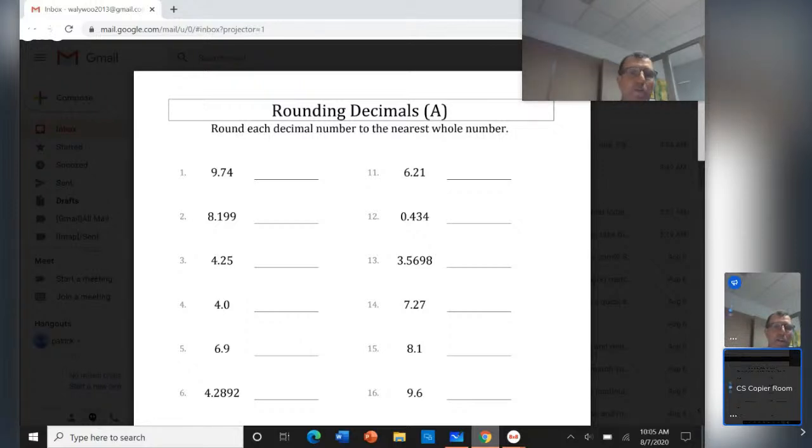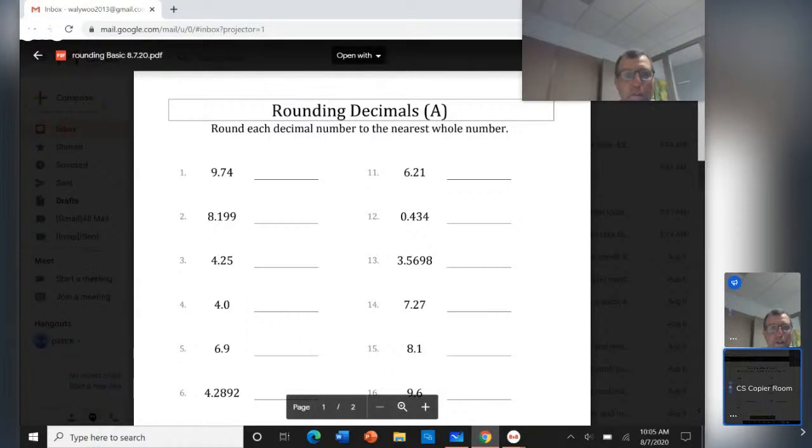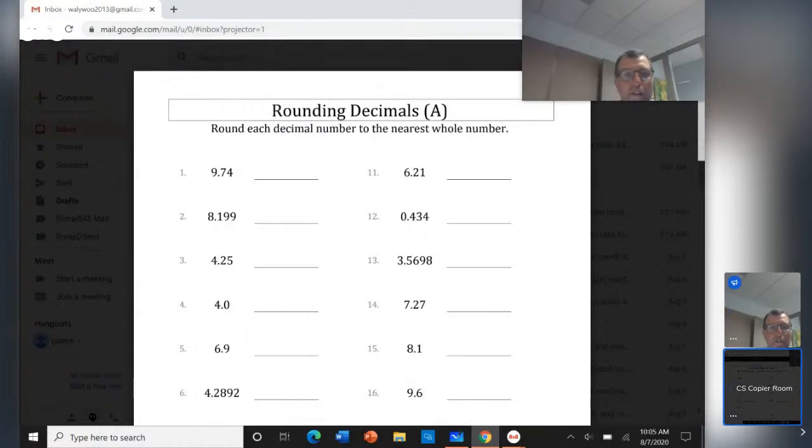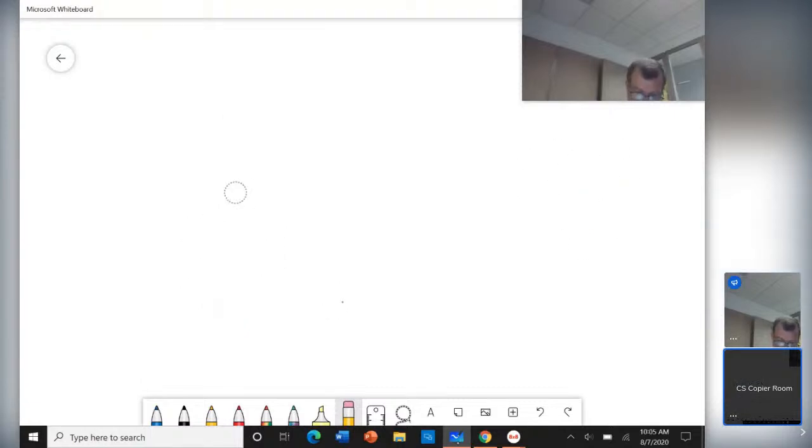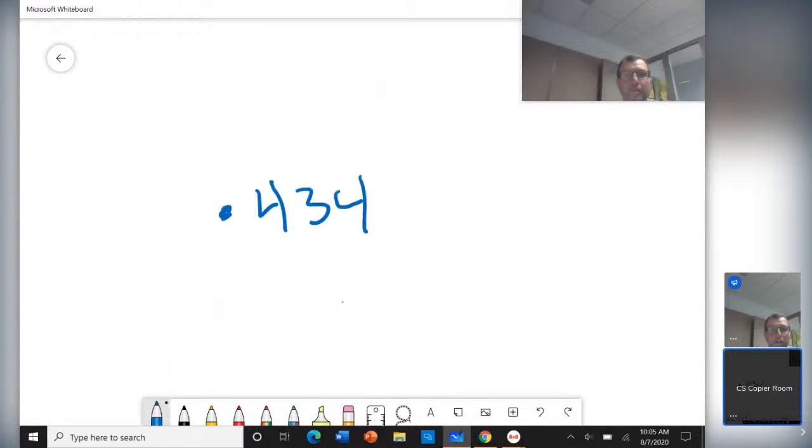Let's look at number 12 right here. It's 434 thousandths. Let's look at that one. So it's 0.434. The whole number we're looking at is either 0 or 1.